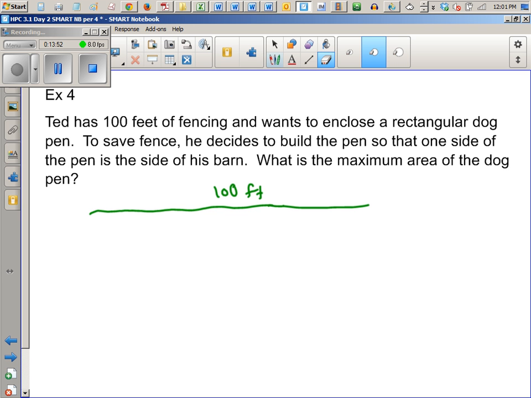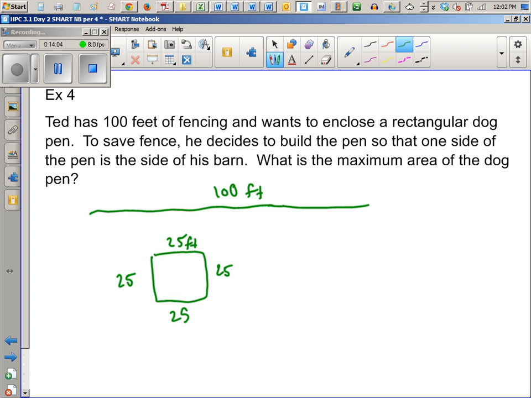That actually does give you the most area for your rectangle. So you could do 25 on each side. That's 25, 25, 25, 25. That's 100 feet. And he would get a playpen for the dog with an area of 625 square feet.